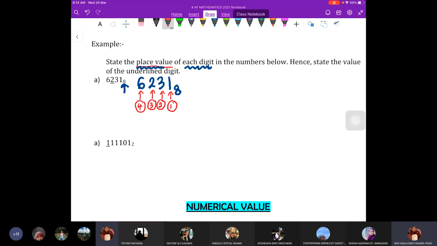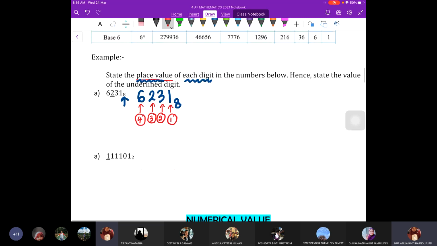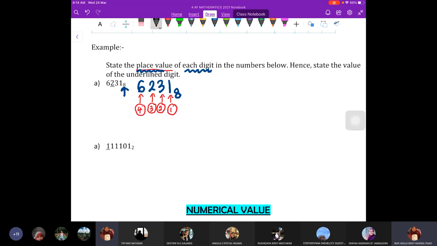Okay, bila dah jadi macam tu, how do you apply place value kita belajar kat atas ni? Is like this. For each 6, 2, 3, 1, base 8.